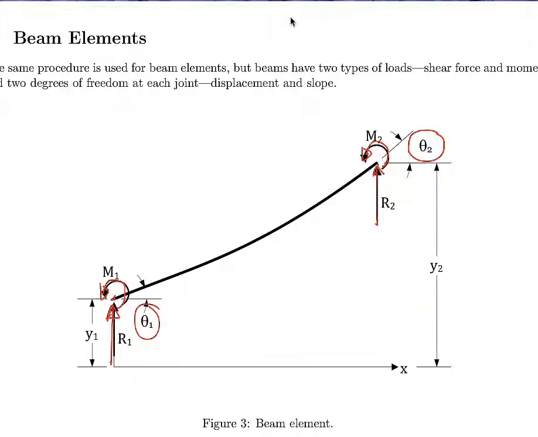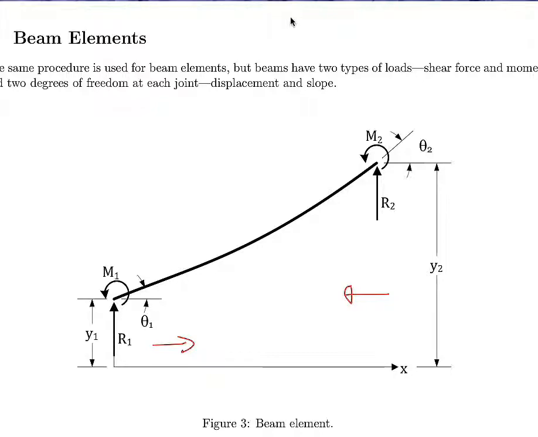So what we do is proceed from left to right or from right to left, exactly like what we did for the spring element, to create equations for the beam.